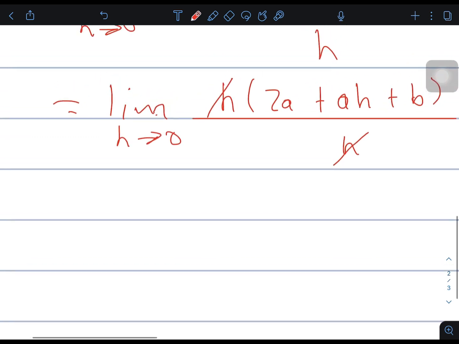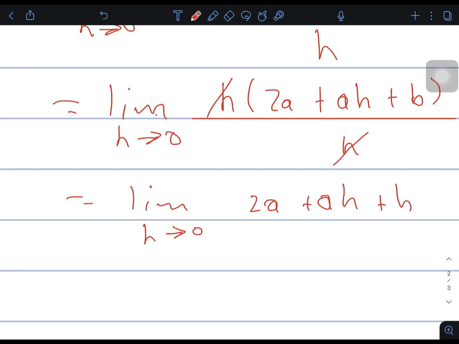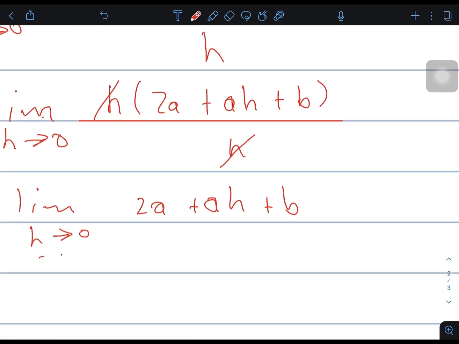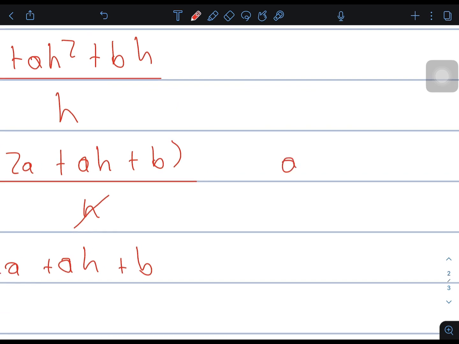Once you have done that, we have the limit as h approaches 0 of 2a plus ah plus b. We can see that if h is approaching 0, that means we are saying a times 0. Anything multiplied by 0 is 0.